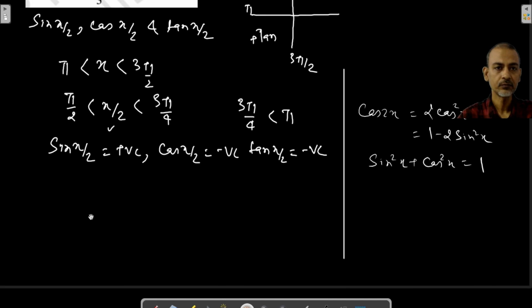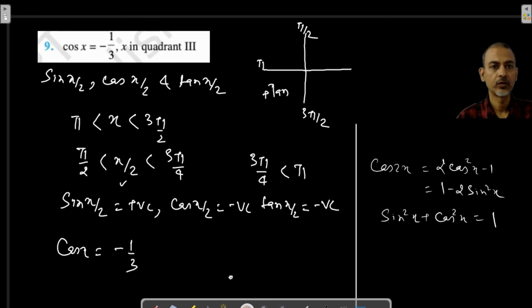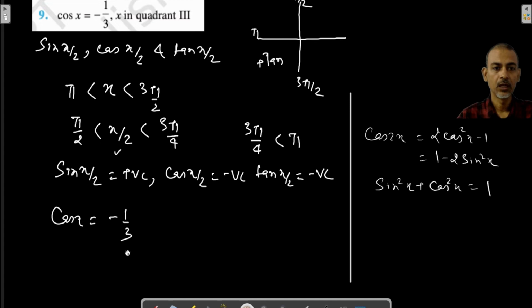Alright. So now we have been given cos x equals minus 1 by 3. We also know a formula, 2 cos square x by 2 minus 1 equals minus 1 by 3, because cos x would be 2 cos square x by 2 minus 1.